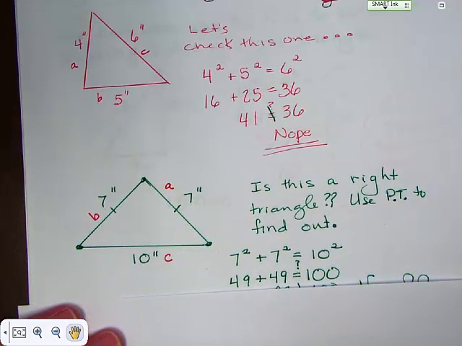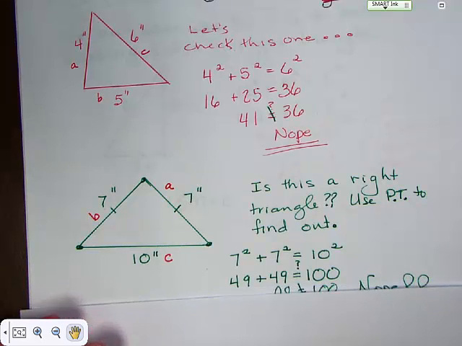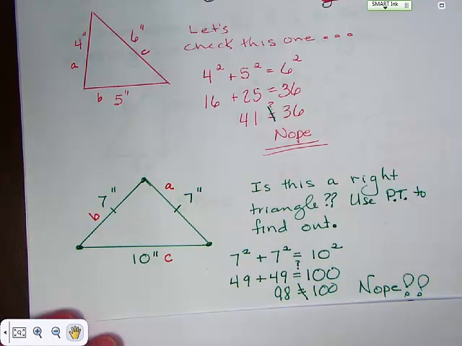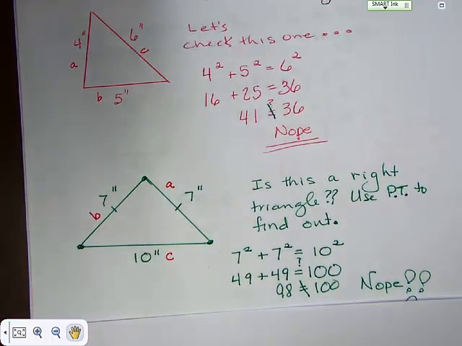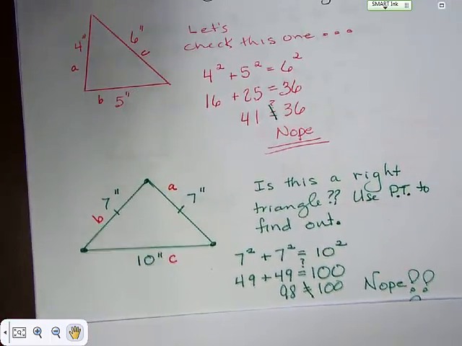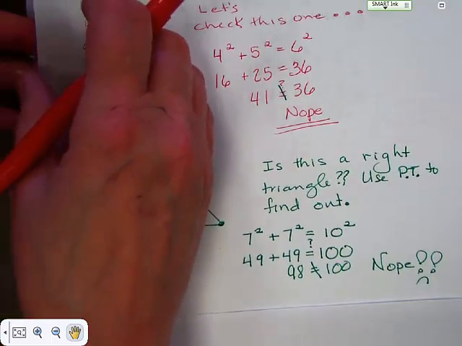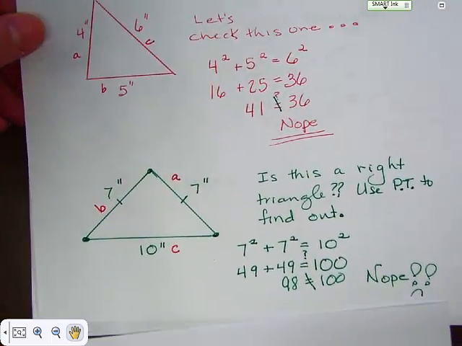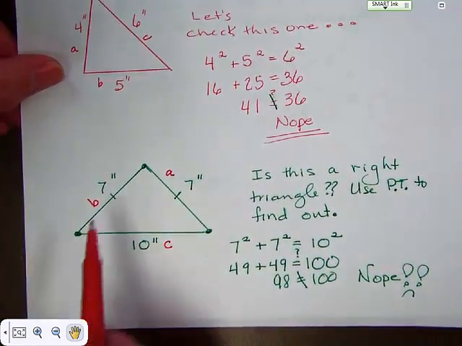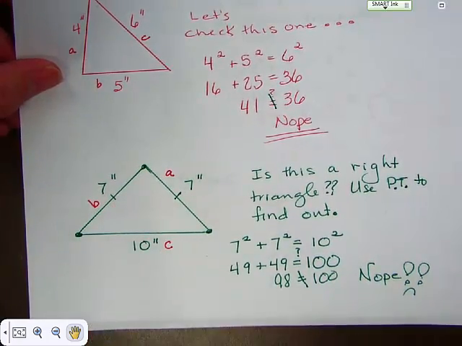So 49 plus 49, does that equal 10 squared, which is 100? Don't think so. 98 does not equal 100. So it is not a right triangle. In fact, it is an isosceles triangle because these two legs are the same length.